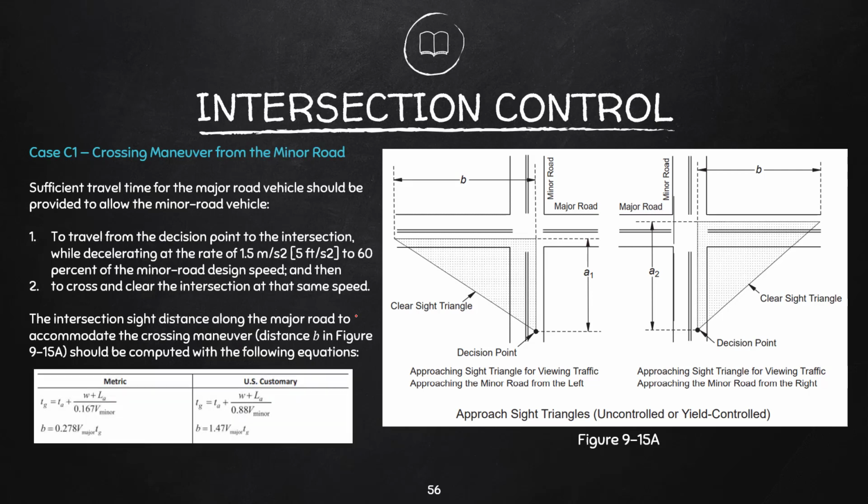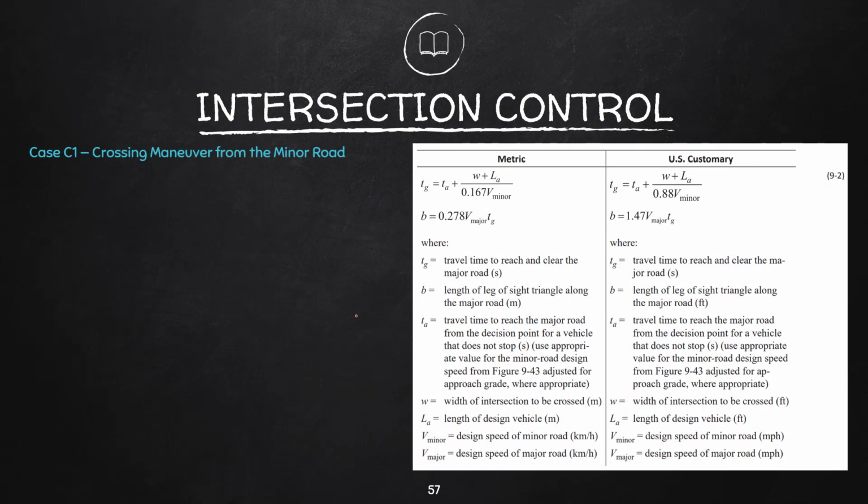So for case C sub 1, we can compute the time gap using these formulas. So here, Tg is the travel time to reach and clear the major road. B is the length of the side triangle along the major road, or this is also equal to ISD. t sub A is the travel time to reach the major road from the decision point for a vehicle that does not stop.